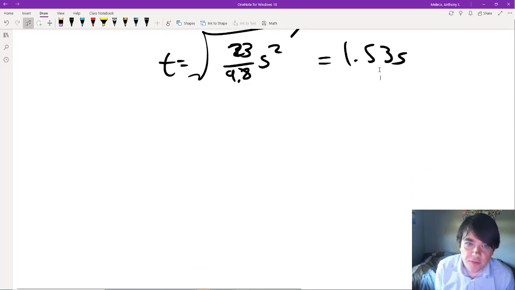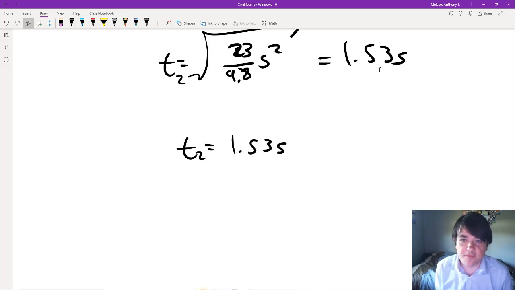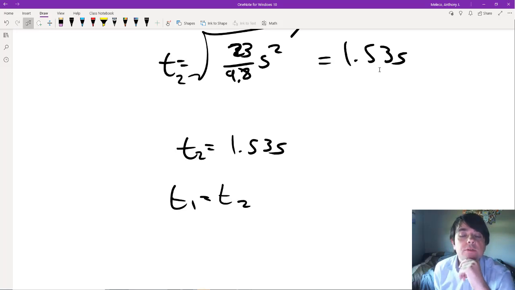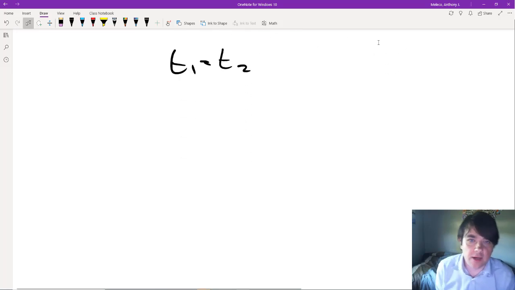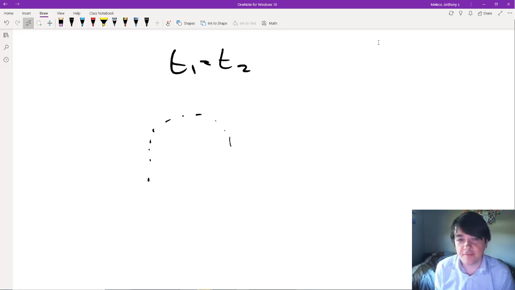Now, this is for T2, so T2 equals 1.53 seconds. This means that T1 equals T2. Now, this actually isn't a surprising fact, for me at least, but it is maybe for you.